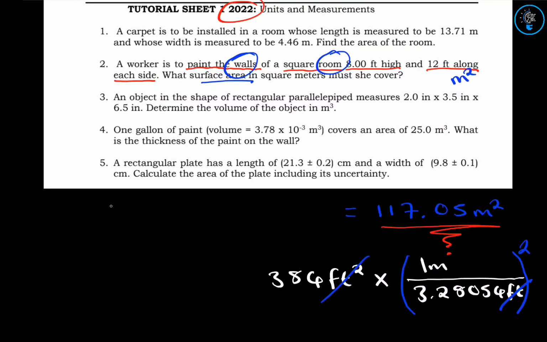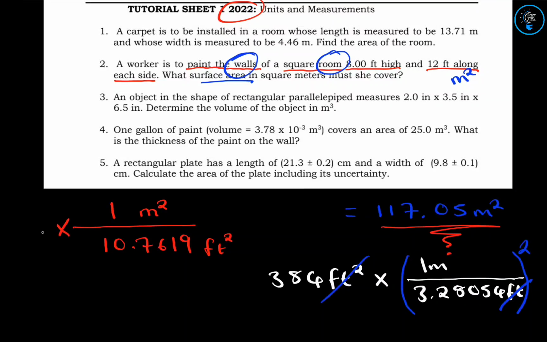Let's square this part. We know that 1 meter squared is the same as 1 meter squared over 3.28054 has to be squared as well, and the feet will also be squared. When you punch this part into your calculator, you're going to get a value of 10.7619.